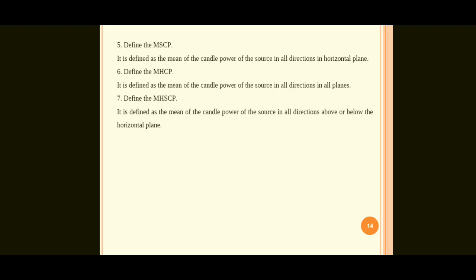And luminous intensity, different terms are covered. Mean spherical candle power, mean hemispherical candle power, reduction factor, meaning MSCP to MHCP.